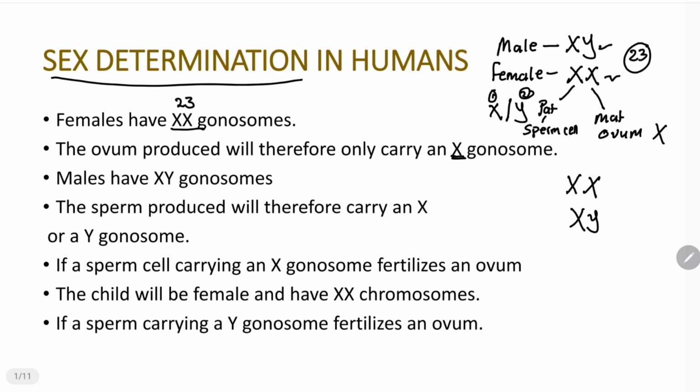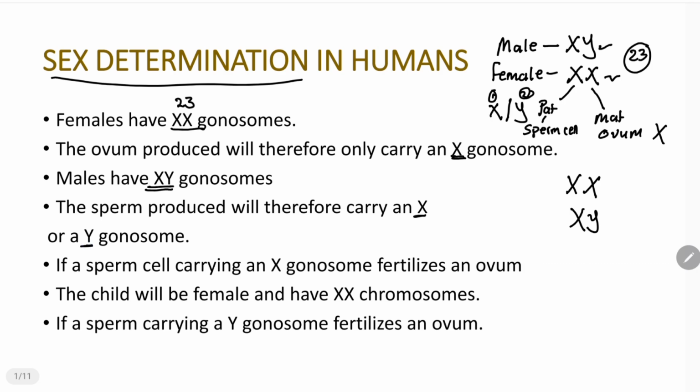But when we talk about males, we know that the chromosomes of the males are XY. Again, this is another statement that we know, that the chromosomes in males are XY, right? Now let's talk about the sperm cell that is produced. The sperm cell that is produced by males can have an X chromosome, or it can have a Y chromosome.